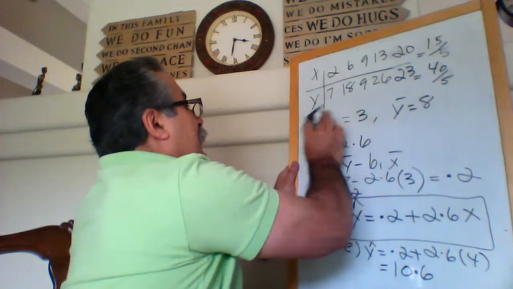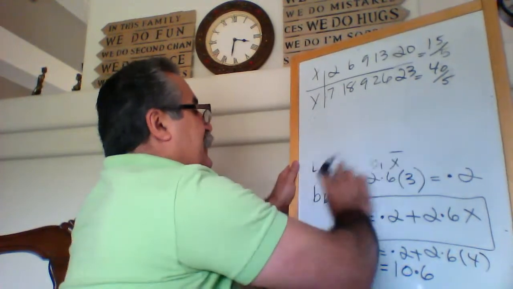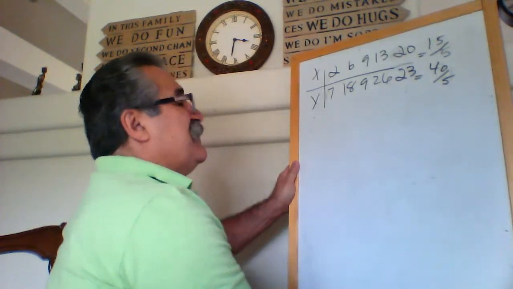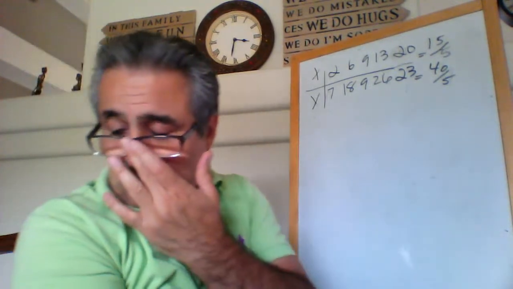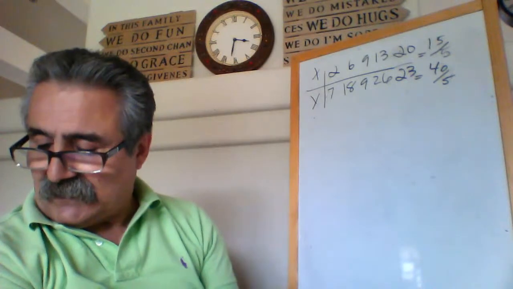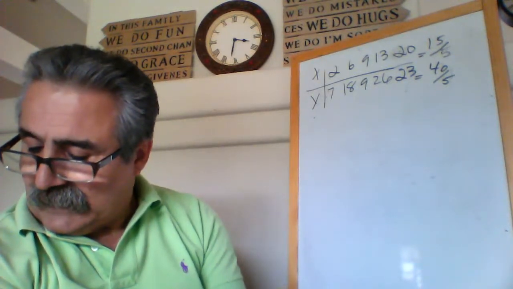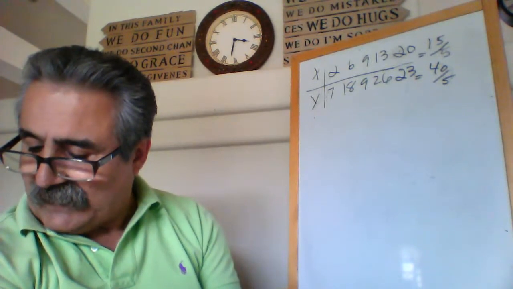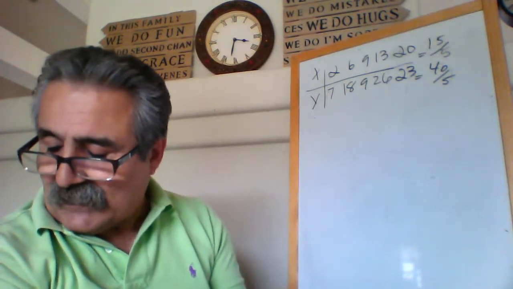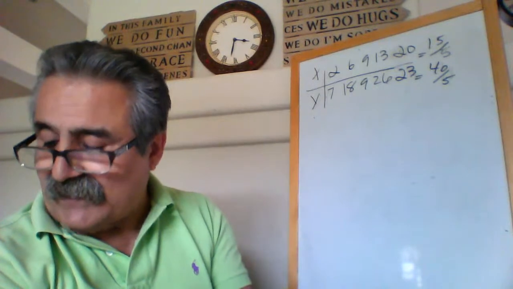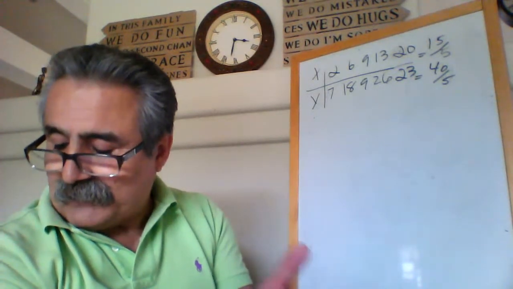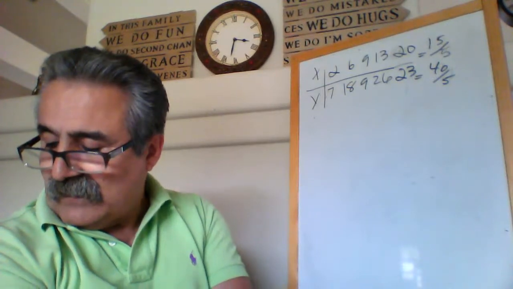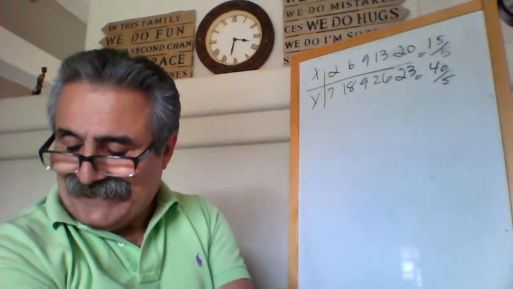I'm going to just go ahead and do part D of this problem as well, because parts A, B, and C are the same as the previous problem that we just did. Part B says develop the estimated regression equation for these data.